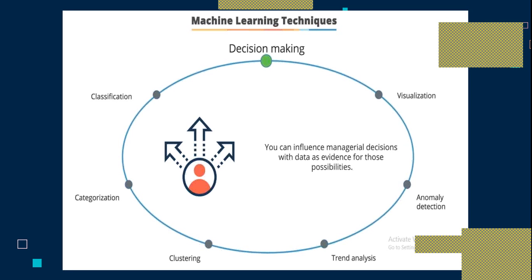Let's take one example from a famous sport, that is cricket. Let us consider you are the captain or the coach, and you want to take a decision that if you win the toss, you will elect to bat or to bowl. How can you take that decision?